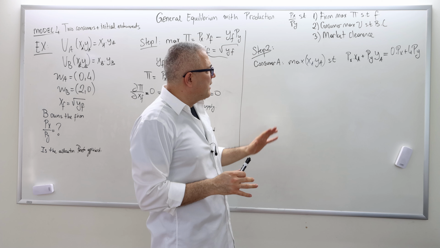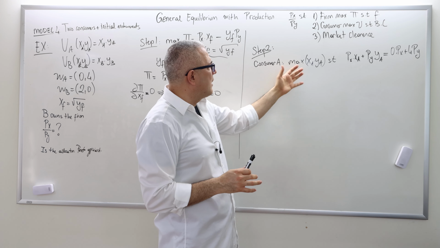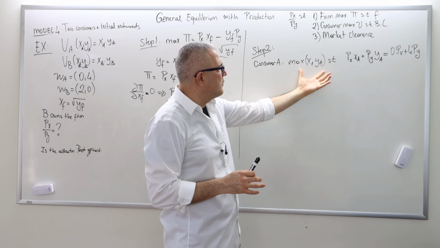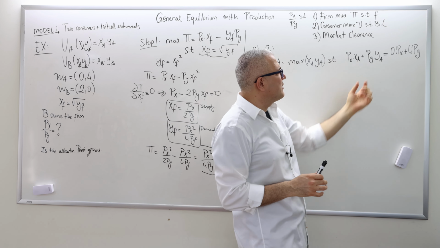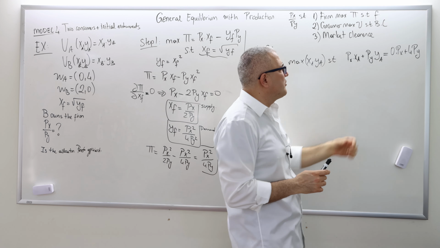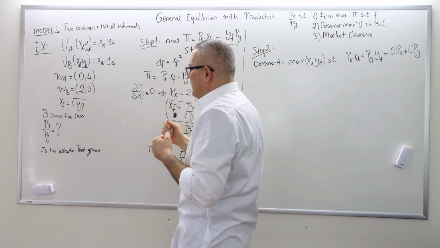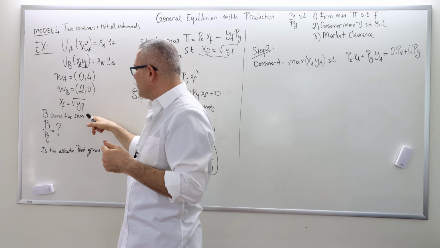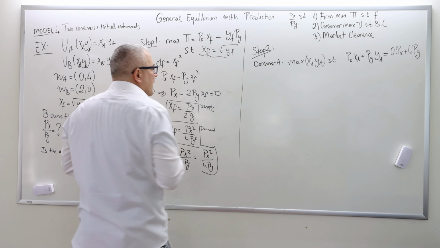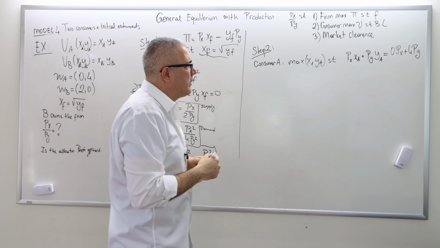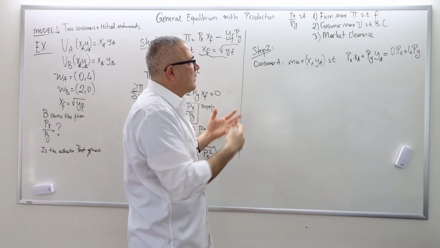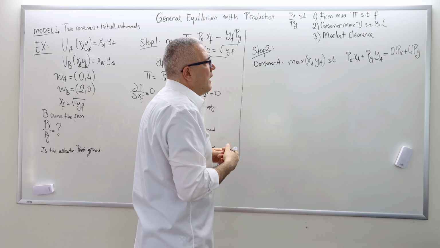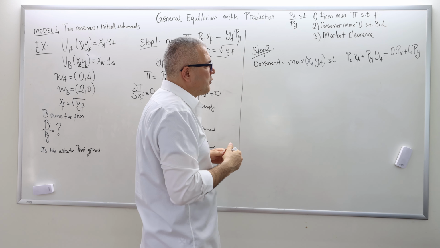So just to be clear, consumer A's optimization problem is to maximize utility subject to the budget constraint. Here her expenditure is this, her endowment is this, and her wealth out of her endowment is this. She doesn't own the firm, therefore pi does not get into her budget set. So therefore this is her optimization problem.